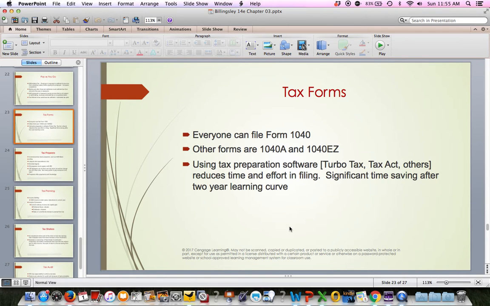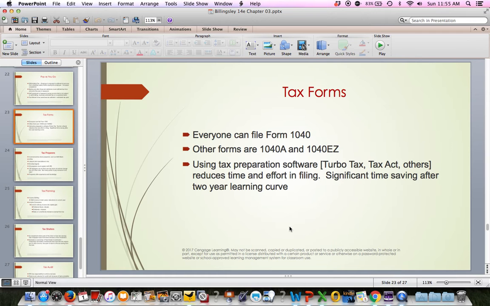So tax forms, there's all kinds of tax forms. Everyone can file a 1040. There's 1040A, 1040EZ. Every December, January, February, there'll be a bazillion ads on TV and everywhere you happen to catch any kind of media advertising telling you all about the different and various tax software available. H&R Block will start advertising.